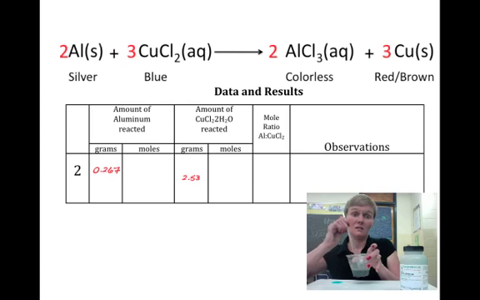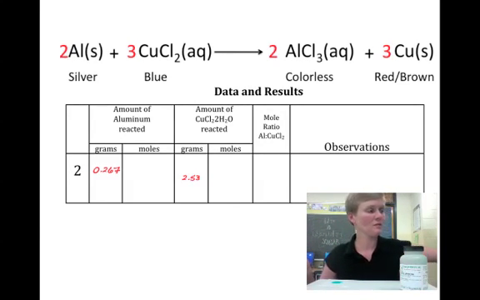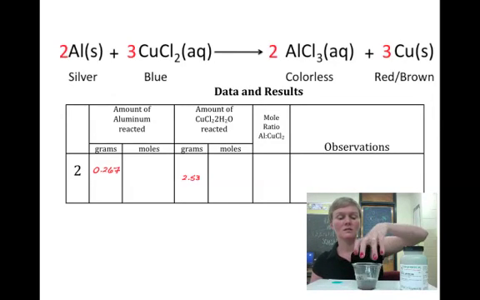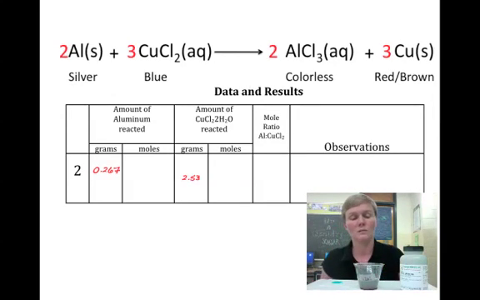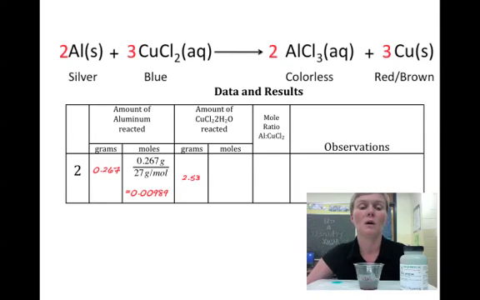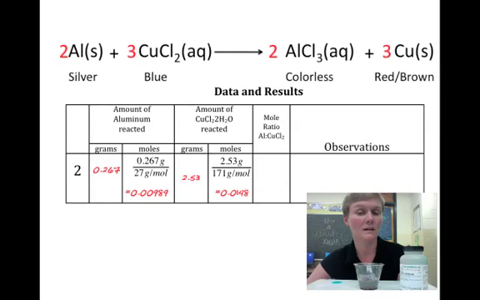So again, I did this one ahead of time, so let me get my magical result after about 15 minutes with 0.267 grams of aluminum and 2.53 grams of copper chloride. This is our result. When we do our mole conversions, we get 0.00989, a slightly larger number of moles of aluminum, and we get 0.0148, the exact same moles of copper chloride.